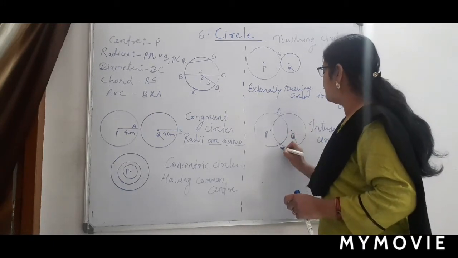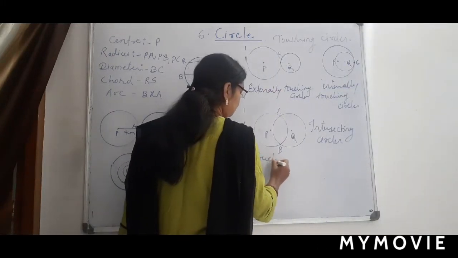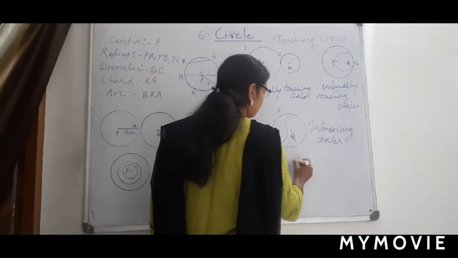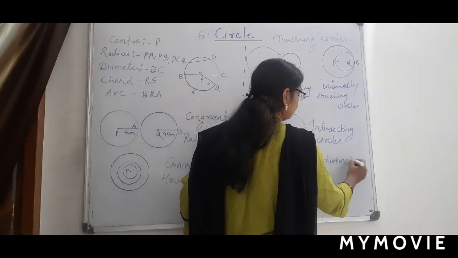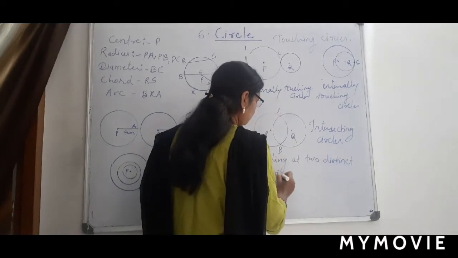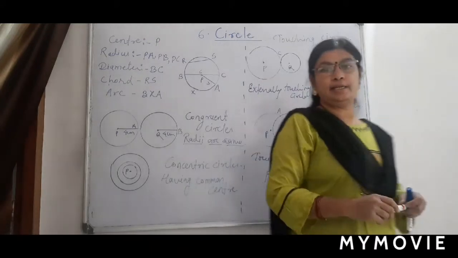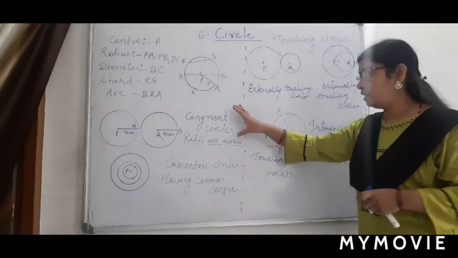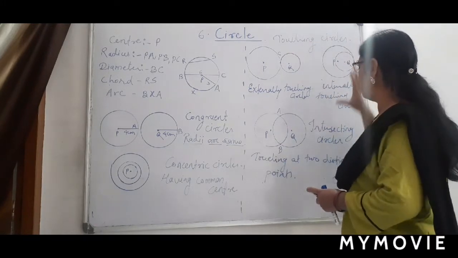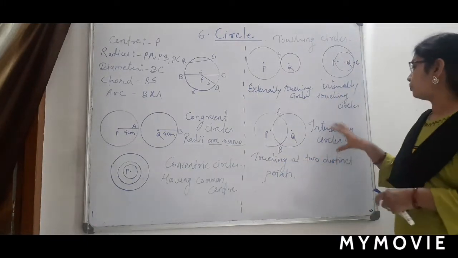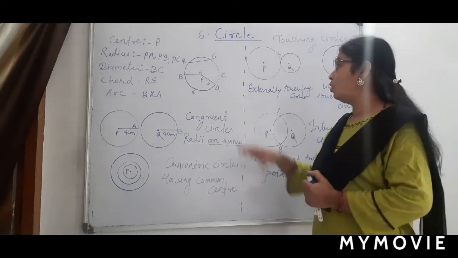These are called intersecting circles. Now, congruent circles, concentric circles, externally touching circles, internally touching circles and intersecting circles. These are the basic terms of circles.